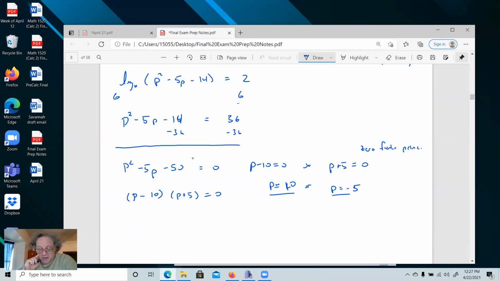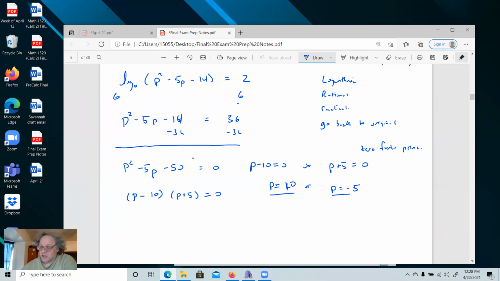Now, you're not done. There are three types of functions so far that you have to go back and check: logarithmic, rational, and radical. Specifically, if you have an even root, like a square root or a fourth root, you have to go back to the original problem statement and check these numbers to make sure they actually work.